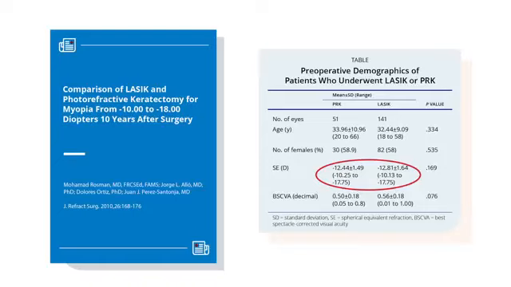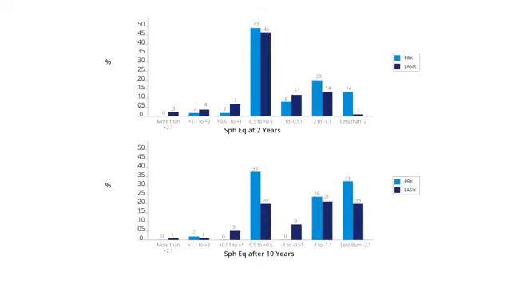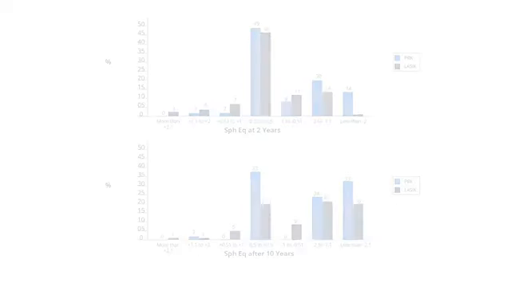If you compare the outcomes of patients undergoing PRK versus LASIK in patients who have very high myopia, you will see that maybe at the end of 2 years, their LASIK might be slightly better. But at the end of 10 years of follow-up, PRK and LASIK are just about the same, showing that even in high myopes, PRK has a very big role, especially in patients who might not be suitable to undergo LASIK.